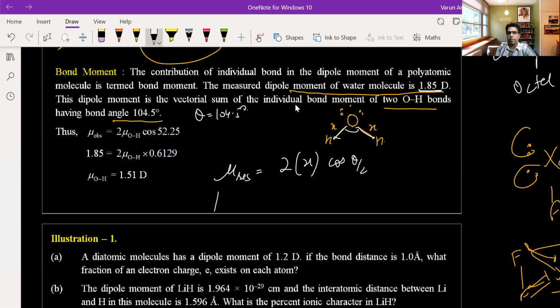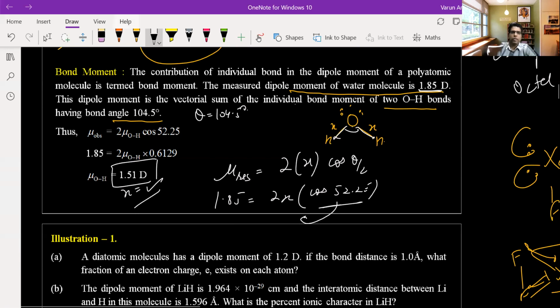So the resultant dipole moment is 1.85 debye, that is 2x times cos of 52.25. Put the value of cos 52.25 from the table and you can find the value of x. The value of x will come out to be 1.51 debye. So the individual dipole moment is 1.51 debye and the net resultant here is 1.85 debye.